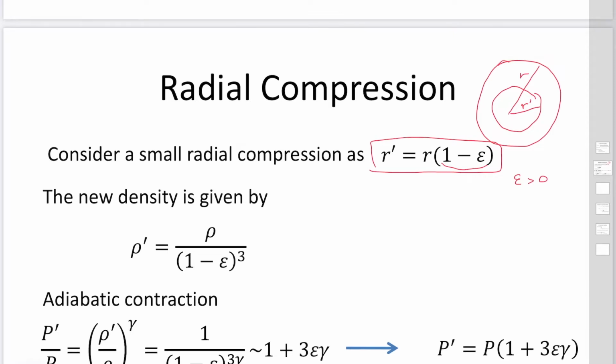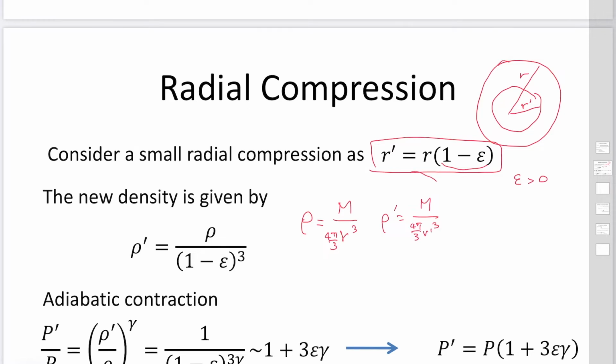In this case, the density is changing. Originally the density is expressed as m over r cubed, the volume. Then rho prime is expressed as m, the total mass doesn't change, over 4 pi over 3 r prime cubed.